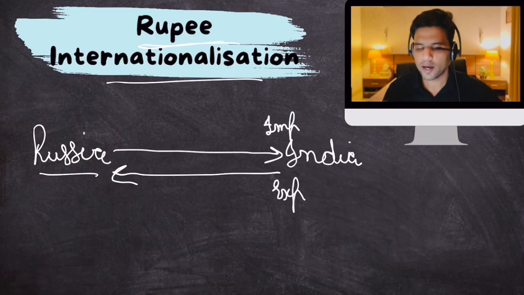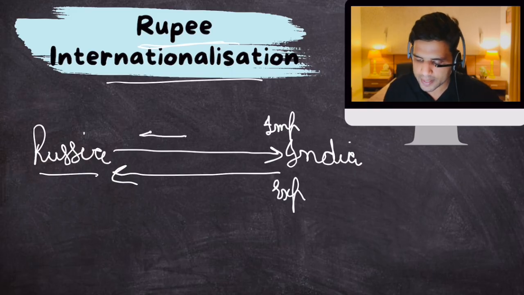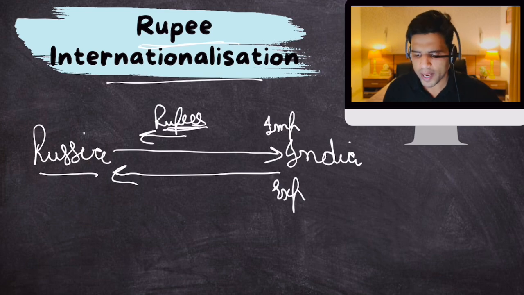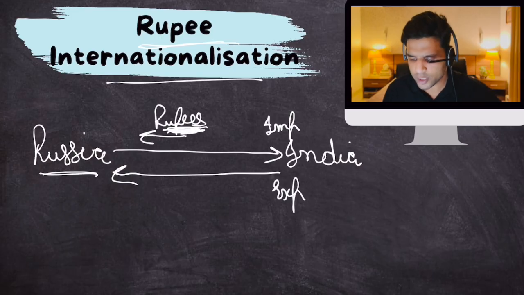Okay, now we decided that when we'll import something from Russia, we will make them payments in rupees. Okay, now why is Russia accepting rupees? Because we are telling Russia that, look, Russia, keep these rupees, and when you'll import something from us, you make us payments in those rupees.